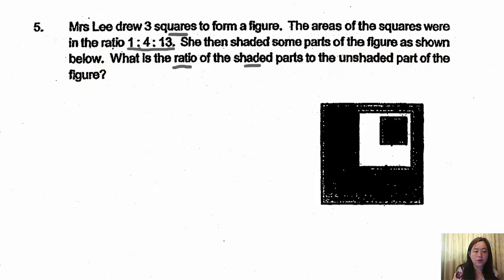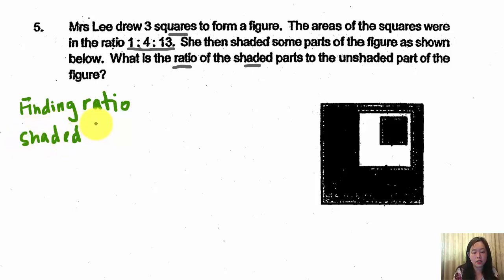Okay, so first, let's recognize what concepts are tested here. The ratio means that the question wants us to find the ratio. So finding ratio. Other concepts that you must be familiar with are, of course, shaded and unshaded.